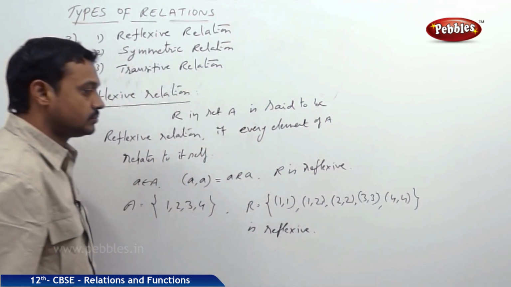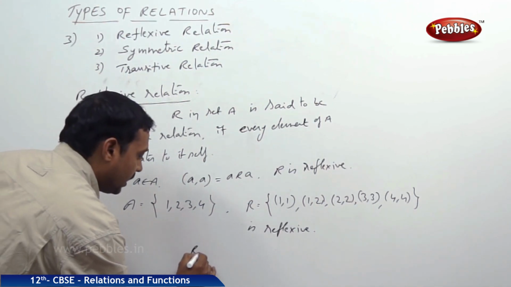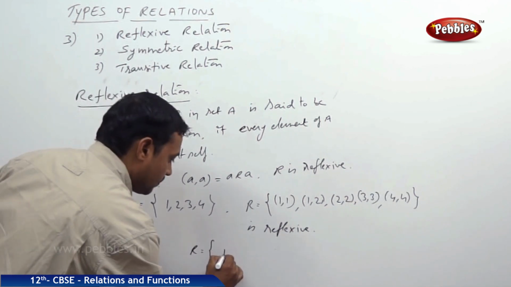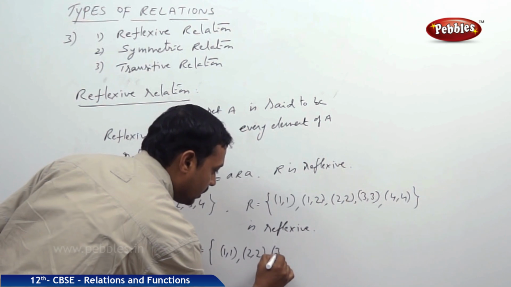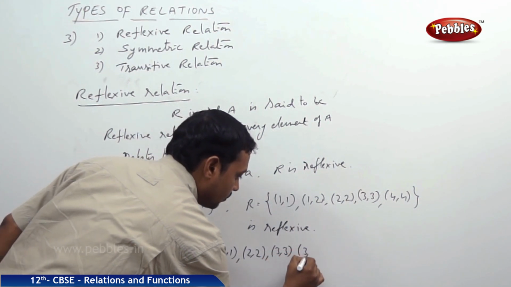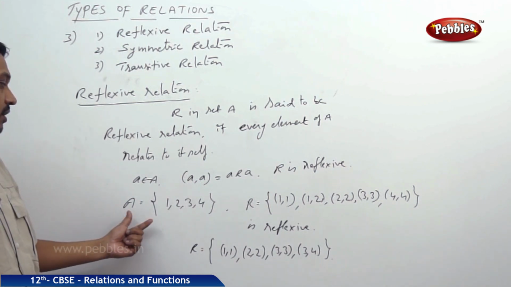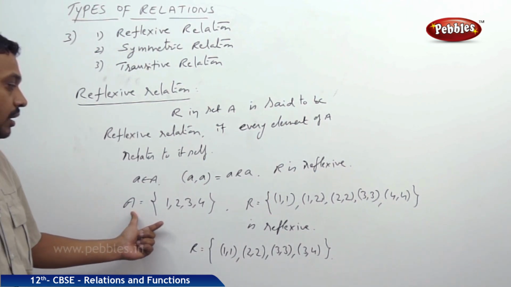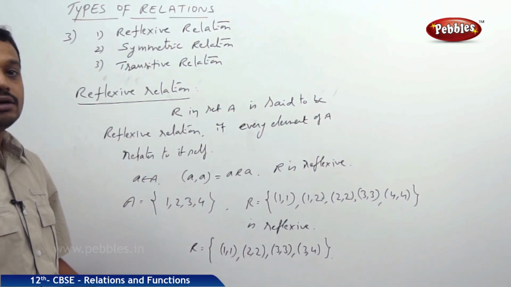Okay. Next, suppose I take one more example like this: 1 comma 1, 2 comma 2, 3 comma 3, 3 comma 4. Now check whether it is a reflexive relation. Certainly not. Why?